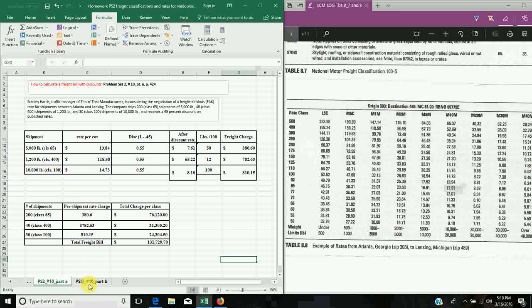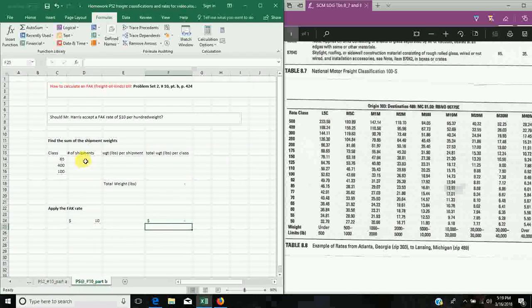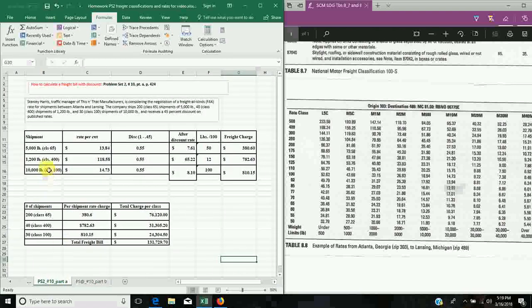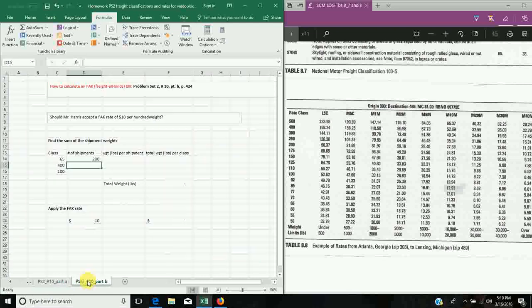Okay? For the Class 65, we have 200 shipments. For the Class 400, we have 40 shipments, and for the Class 100, we have 30 shipments. Okay, 200, 40, and 30.